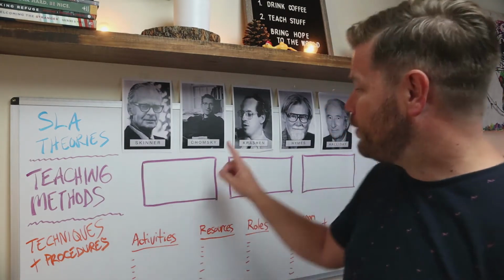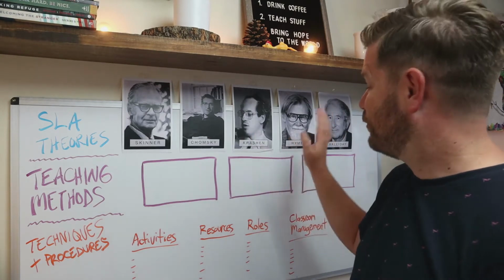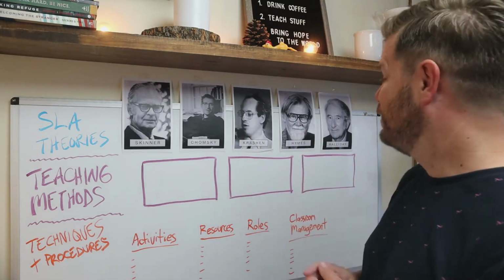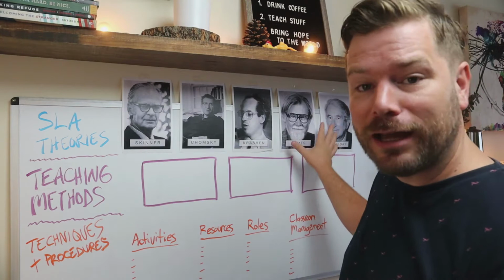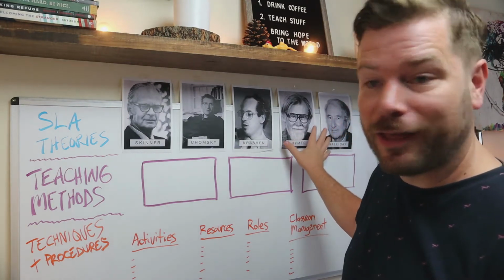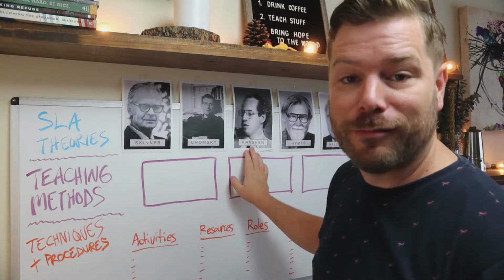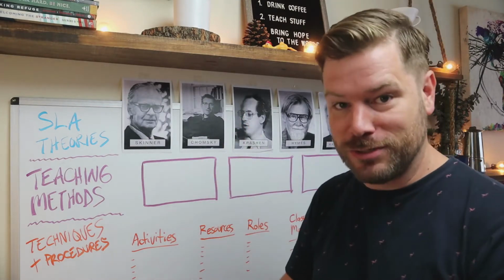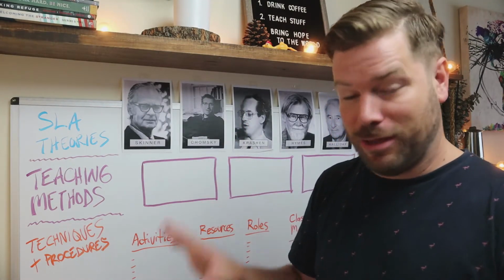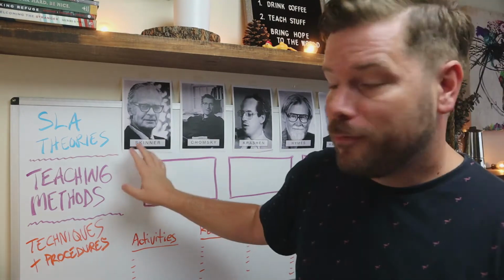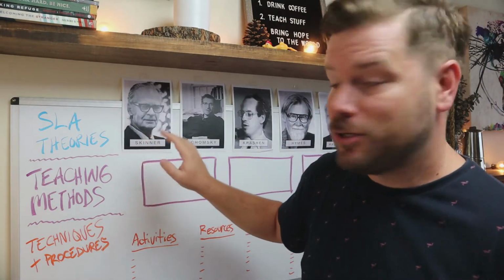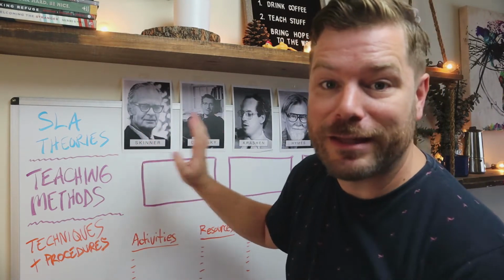So for example, you may be really attached to some of the ideas from Krashen and Hymes and Halliday of like, how can I create real life situations for my students inside my classroom, or how can I take care of my students' affective filter so their emotions are nice and low and managed so that way they are ready to learn. But that doesn't necessarily mean that you're completely going to forsake everything that Skinner had to say.